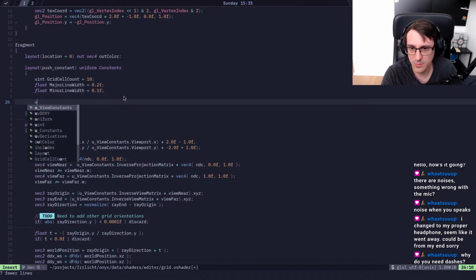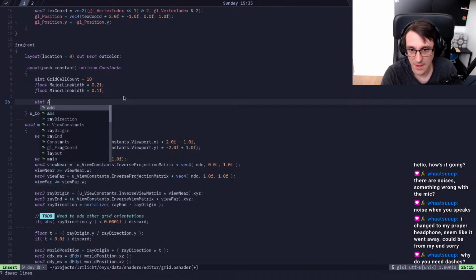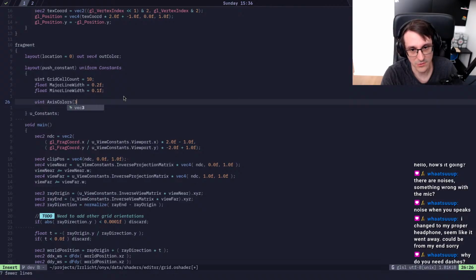Well, I need a couple more values. So one is the axis colors, and we probably have like 3 entries here.